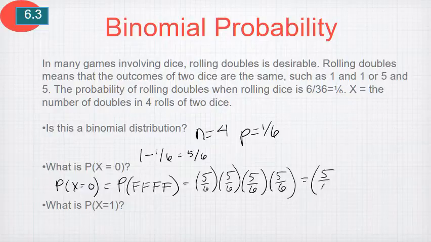An easier way to write that is 5/6 to the 4th power. If I do that on my calculator, I find that it's 0.482. So the probability that I won't get doubles is essentially 48%.